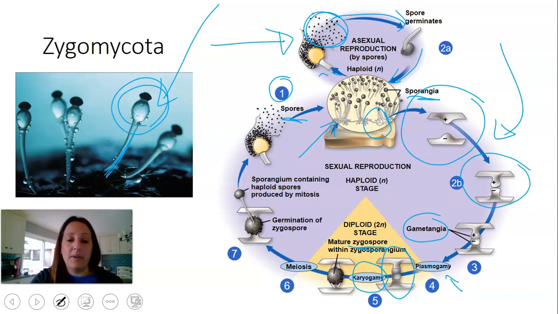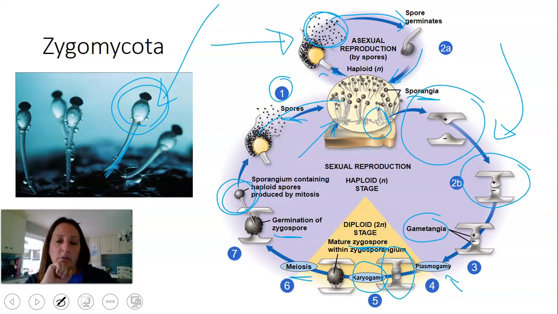Then what's going to happen inside of here is meiosis, and meiosis will produce spores. This will germinate, and spores will be released from this sporangium, and they are going to land and again grow by mitosis into a mycelium, where you can get sexual as well as asexual reproduction once again.